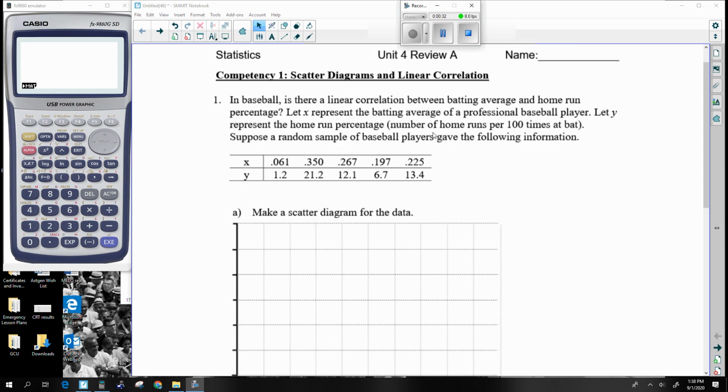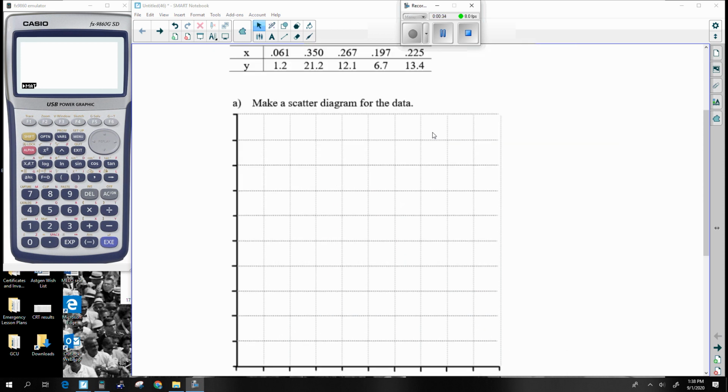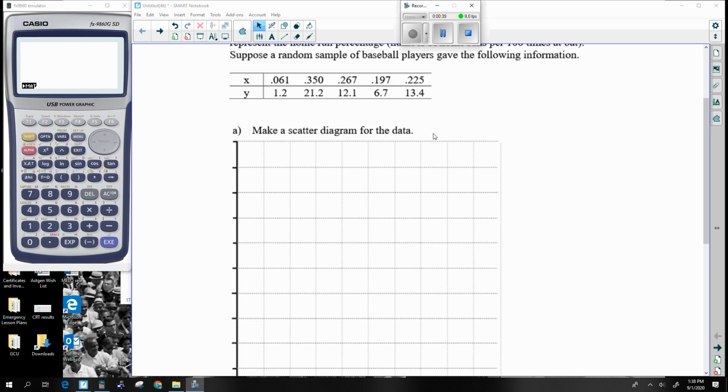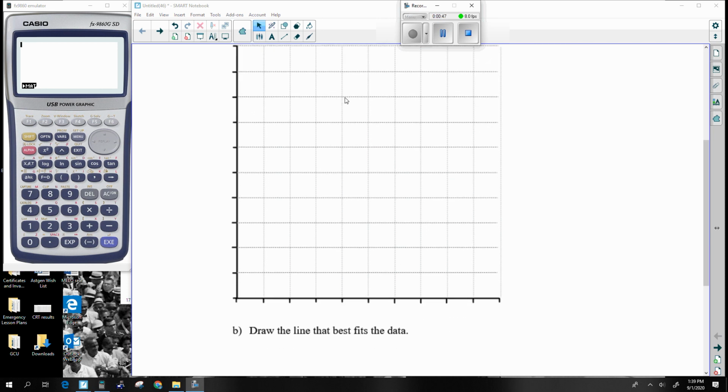So here we go. We begin by creating a scatter plot. I see that my x's go from a really small number like 0.6 to 0.35. So what I'm going to do is start at 0. If you can start at 0, do it.